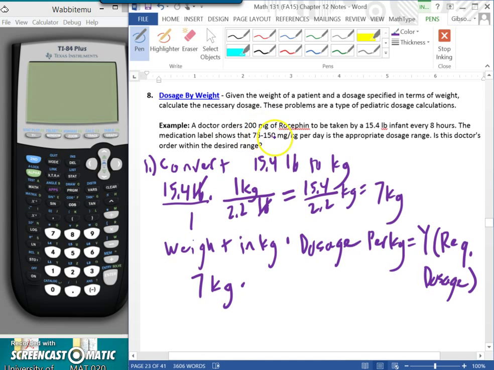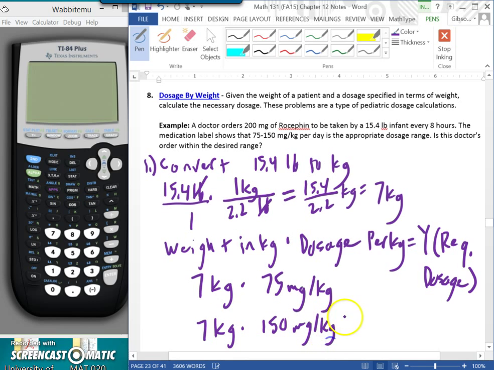Now we have 75 to 150. So we're going to take the 75 milligrams per kilogram, the lowest amount, and then the highest amount. So we know if it falls in between this range we're fine.